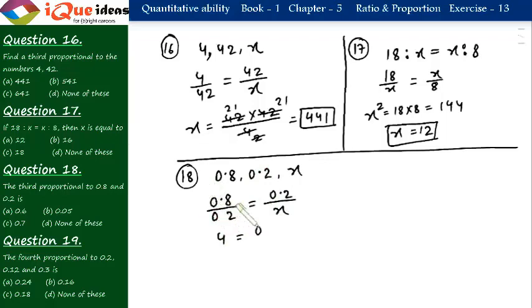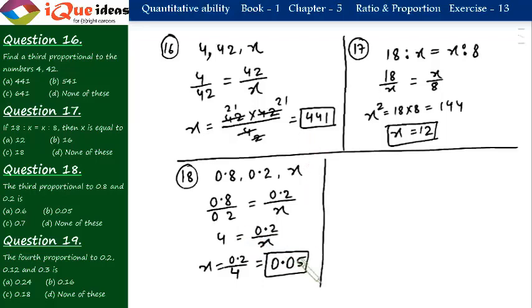So 4 is equal to 0.2 upon x. So x is equal to 0.2 upon 4, and that is equal to 0.05. So simple. These are simple questions.